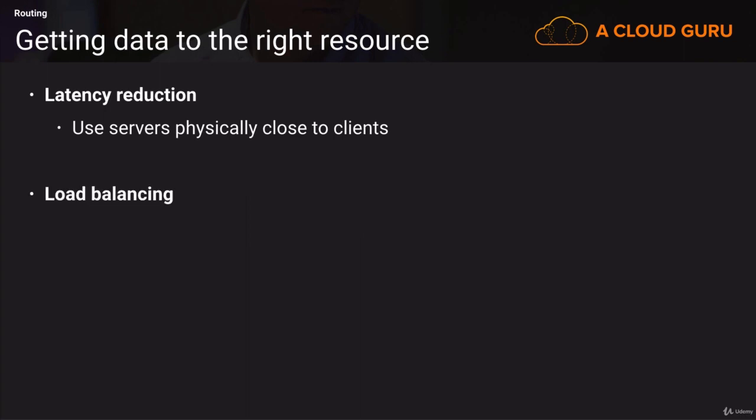But another circumstance where we need to direct data flow to different resources is simple load balancing. Let's say you have too many incoming requests to be handled by just one machine, so you add a second machine to help out. But there's no point in doing that if all of the incoming requests still go to the overloaded machine, right? That's why we need load balancing, to divide the requests up amongst the machines that can handle them.